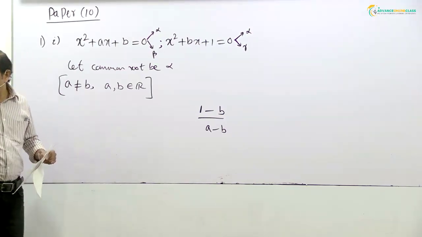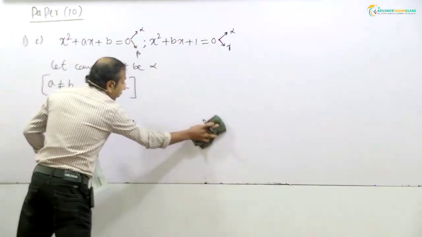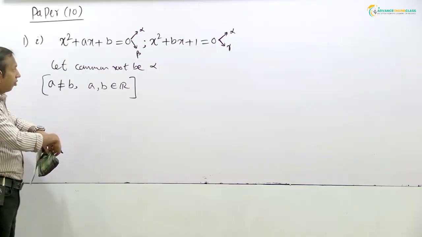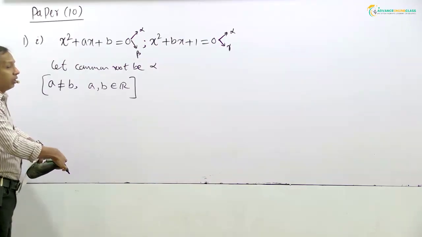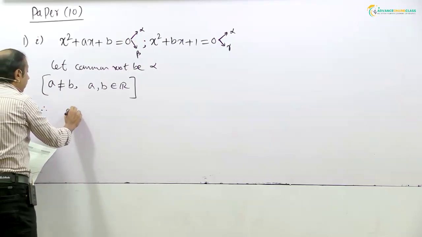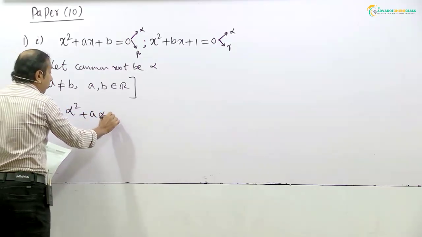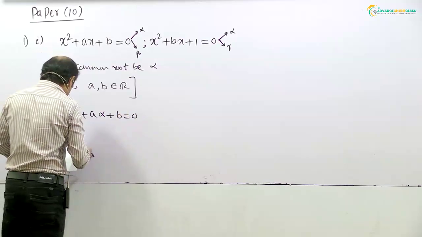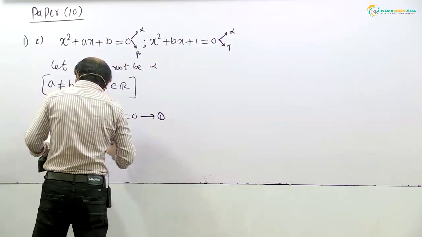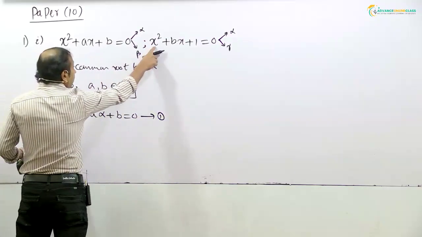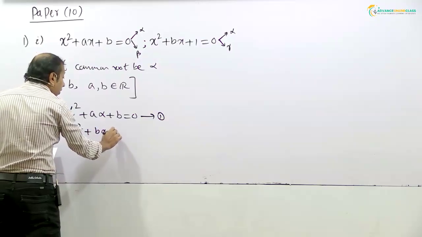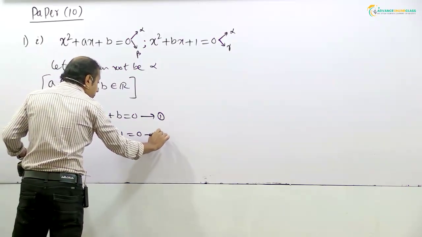Now we know since alpha is a common root, alpha should satisfy both these equations. Therefore, we may write alpha squared plus A alpha plus B equals 0. This is number 1. Secondly, put alpha here: alpha squared plus B alpha plus 1 equals 0, number 2.